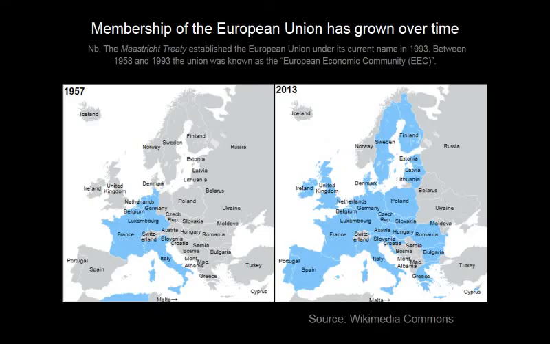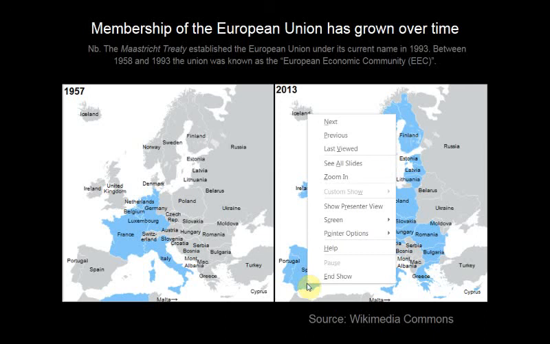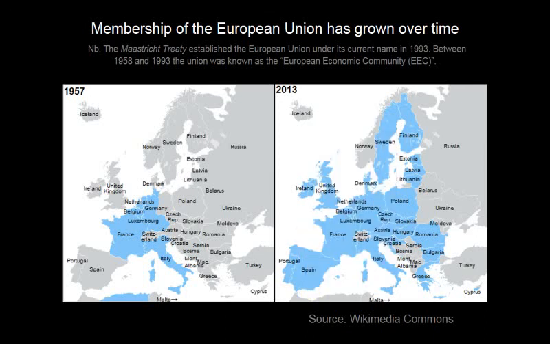The European Union grew from 1957, a small group of countries, to being quite large in the last few years, and then obviously we've got Brexit now, with the UK saying it's breaking away, and the disaster that seems to be unfolding for the UK for that.